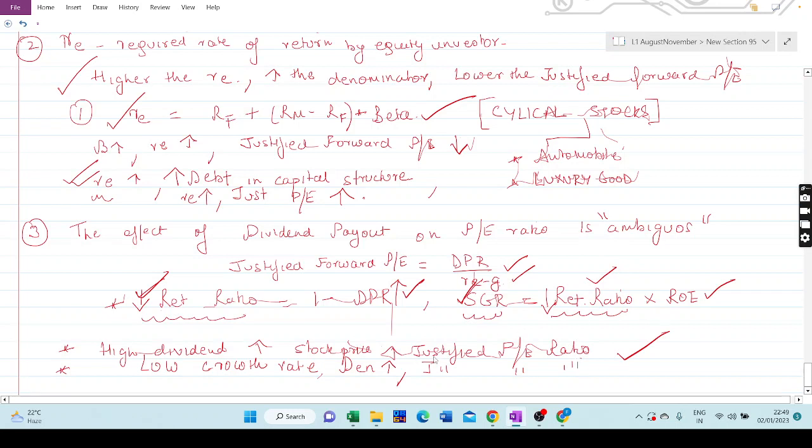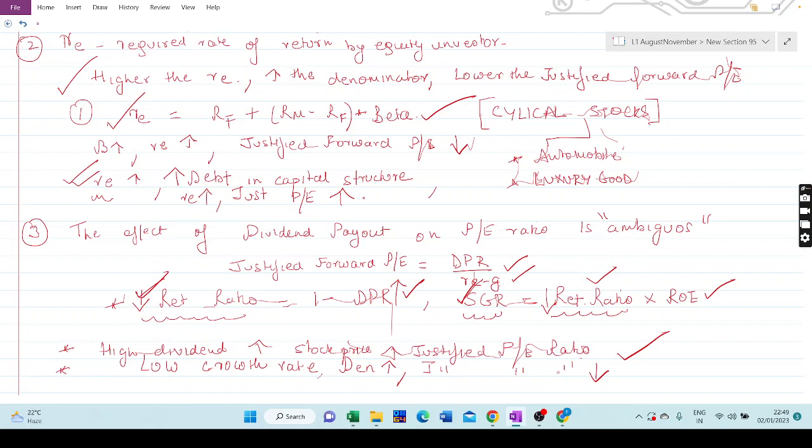And if growth is low, then the denominator of this equation would be high. If the denominator is high, the justified P/E ratio would be low. So the effect of dividends on your justified P/E ratio is ambiguous.